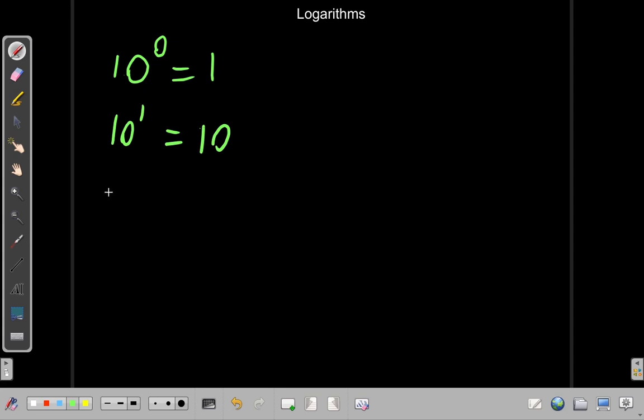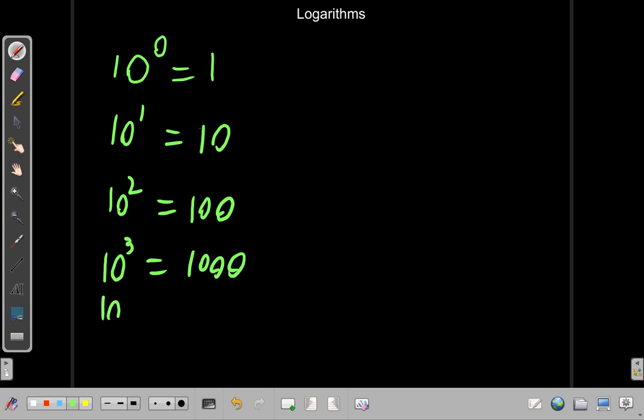Suppose we have 10 raised to the power of 2. You get 100. We have 10 to the power of 3. What you get is 1,000. 10 to the power of 4 is 10,000. 10 to the power of 5 is 100,000.